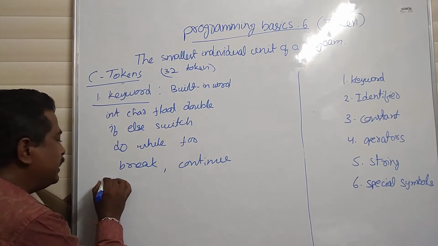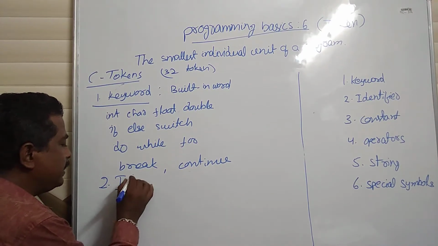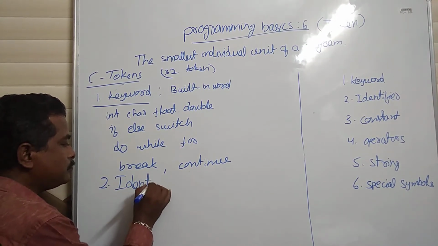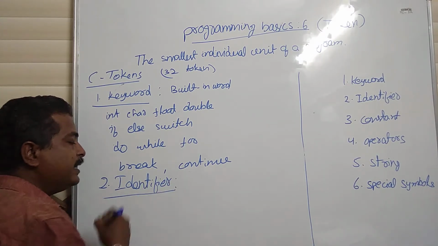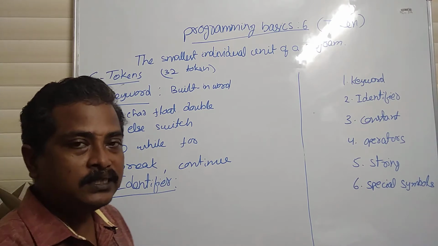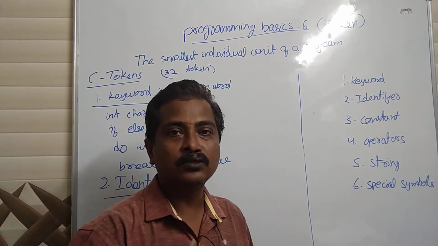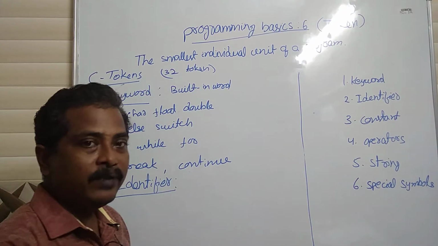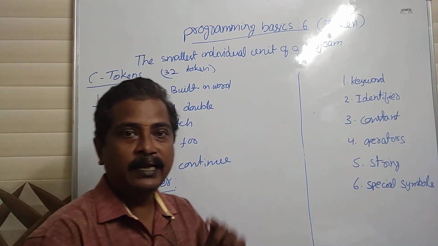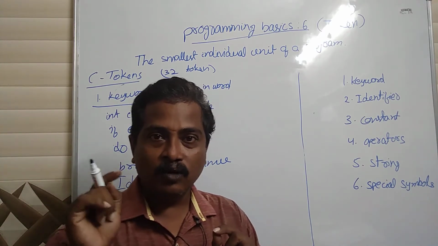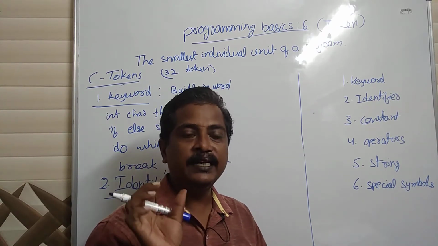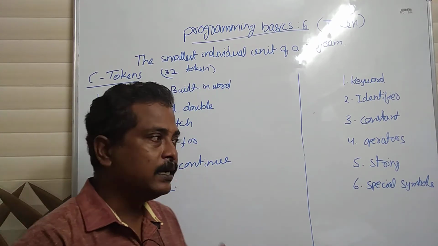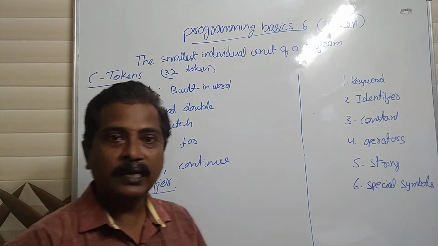Now coming to the next one, identifier. What is an identifier? An identifier is a name which the programmer writes on his own. In my last program, I took int x, y, z. For those three names, x, y, and z, I can take ABC, I can take PQR, I can take anything.